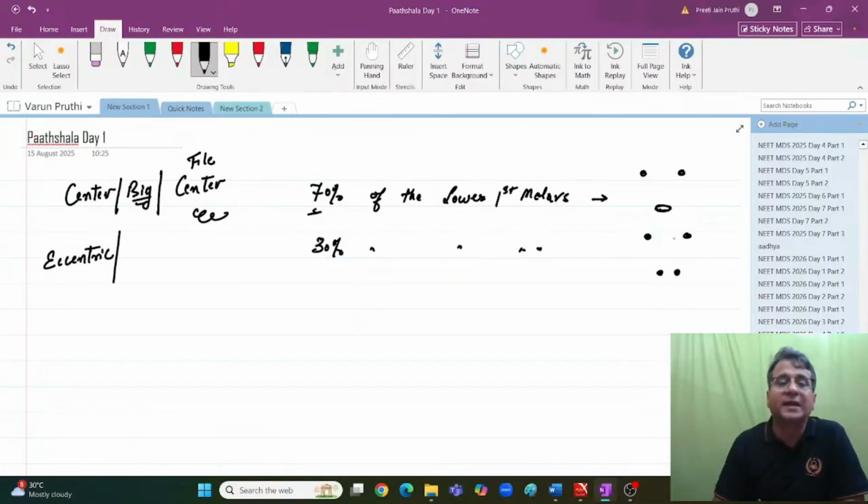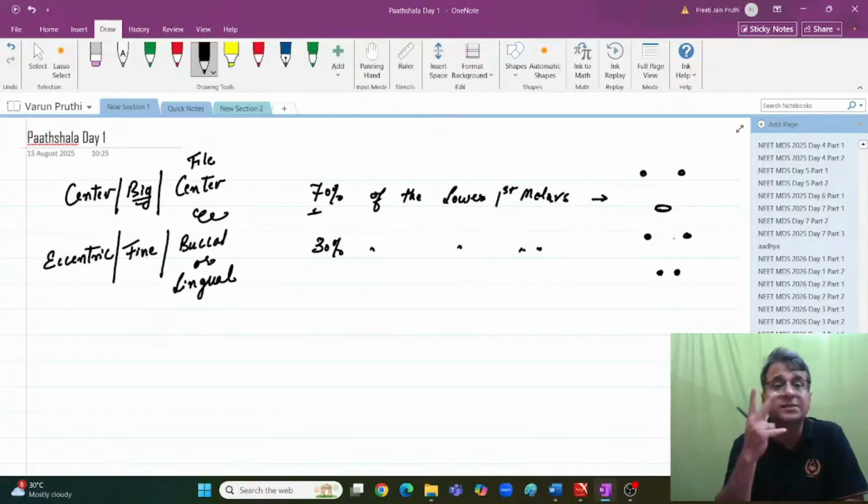If the canal lumen is fine, say your number 10 K file is going into the distal canal, and if the file is taking any curvature, going either in buccal direction or in lingual direction, means there will be 2 canals. So remember how you can distinguish.